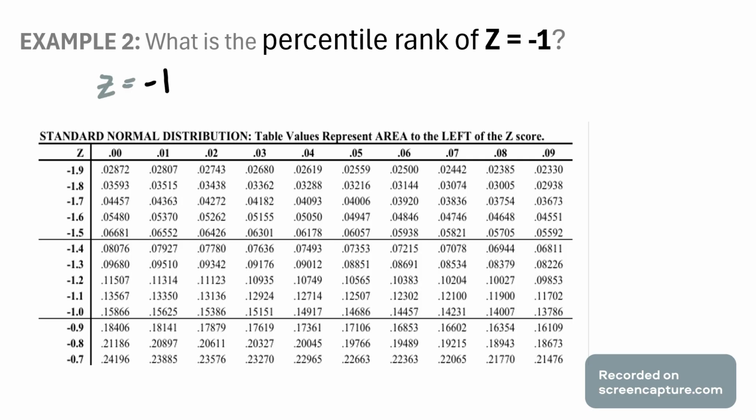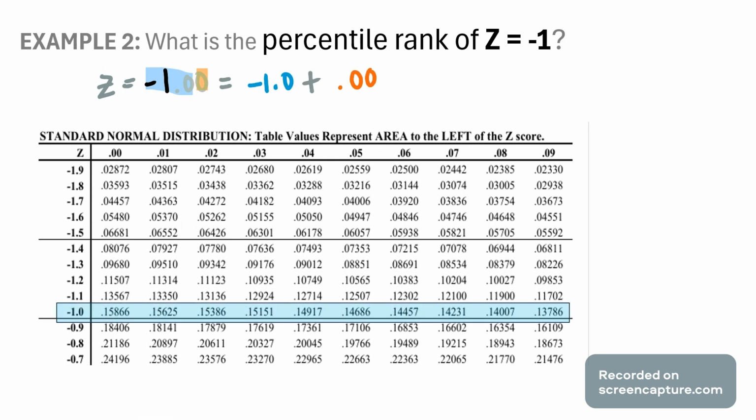Our given z equals negative 1 means we can put zeros until it has two decimal places. In this case, I will attach two zeros. So this means we split the given as negative 1.0 plus 0.00. So we look for the negative 1.0 under the rows and 0.00 under the columns.